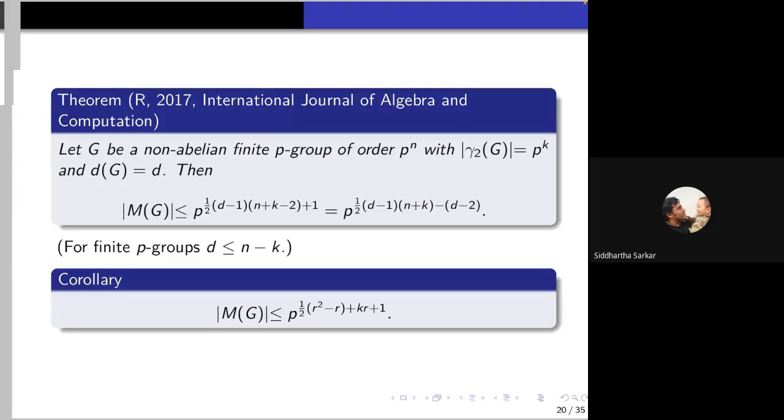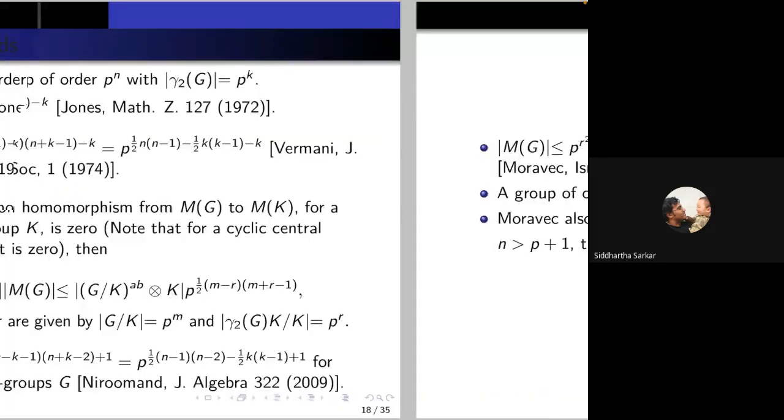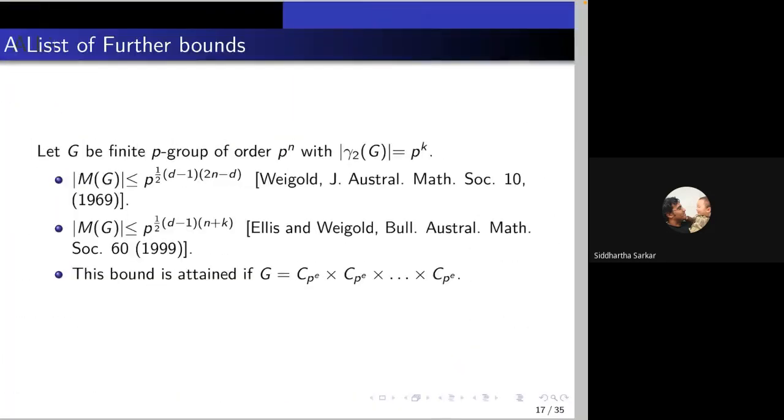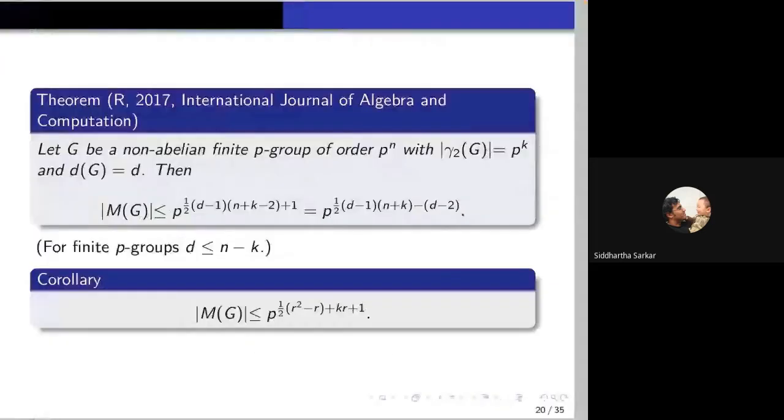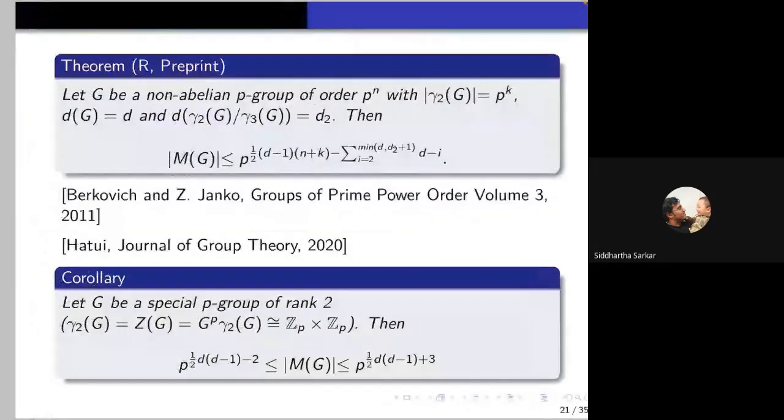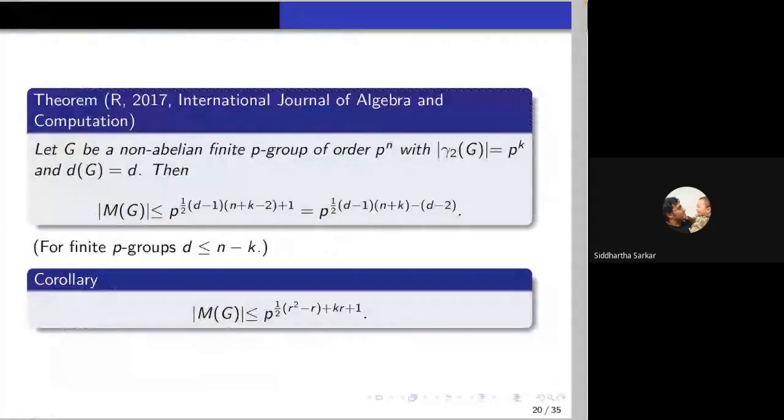The proof just uses a little trick, applying the same idea as given by Ellis and Wiegold, who proved that |M(G)| is less than or equal to p to the power half d minus 1 into (n plus k). We just take it one step further to get p to the power half d minus 1 into (n plus k minus 2) plus 1.